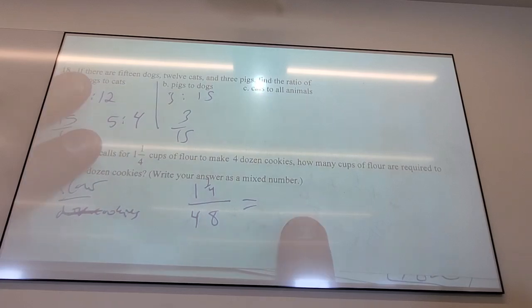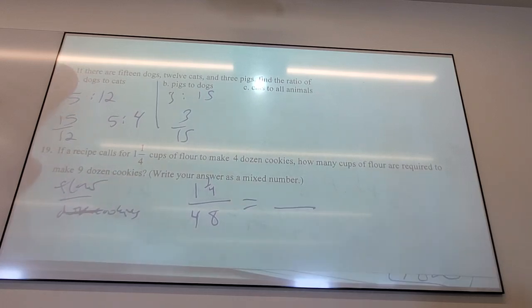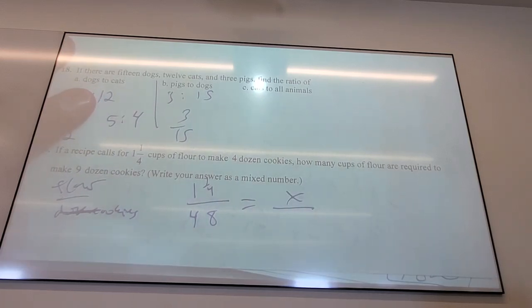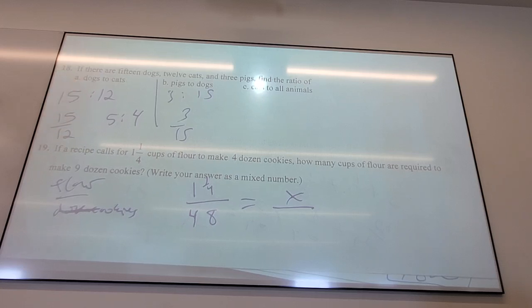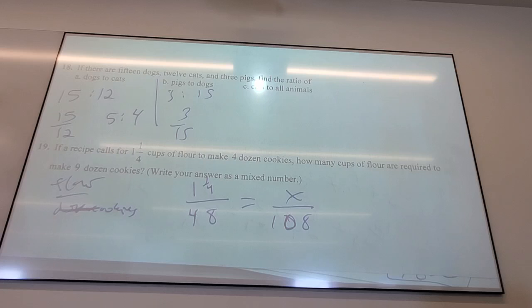So for my next ratio, what goes in the top? X, good, because I have no idea how many cups of flour. And what's 9 dozen? 108. And now you simplify.